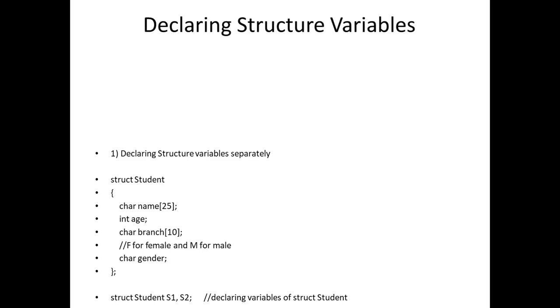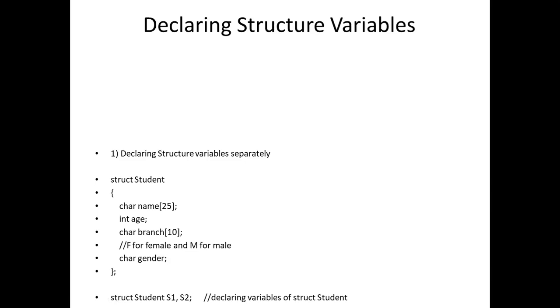How to declare structure variables? We have to give the struct keyword, which is very important, then the name of the structure, student, and s1, s2. These are the two structure variables. First, we have to specify the structure template.